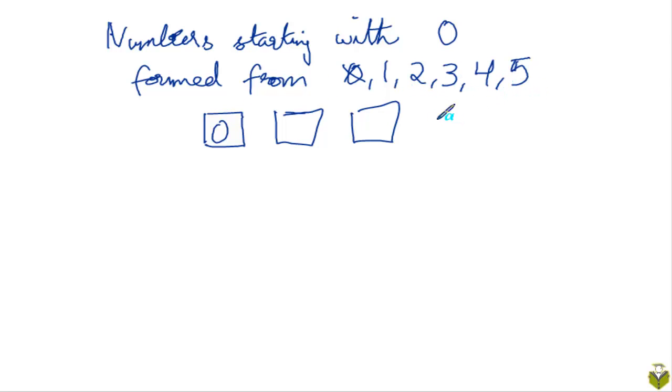So 5 objects taken 2 at a time, right? That's how you think in terms of permutation notation. So numbers starting with 0 formed from this are equal to 5P2, because you have 5 objects and you want to take 2 at a time.